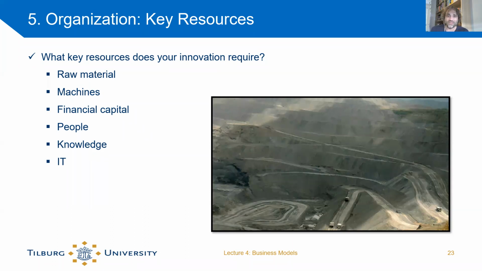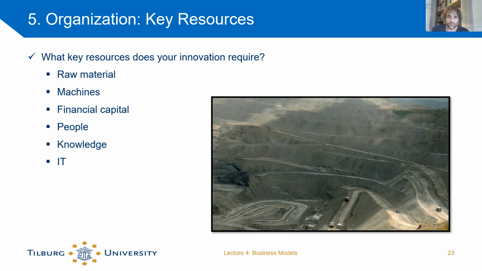So you have to think about your key resources. What resources does your innovation require? If it's a physical product, do you need raw materials that you need to put together in order to make the innovation? Do you need machines for that? How much financial capital do you need?